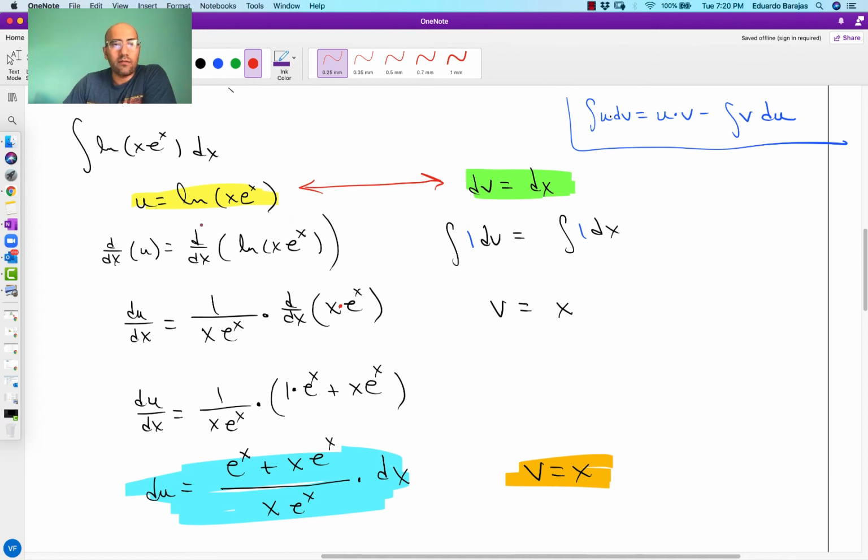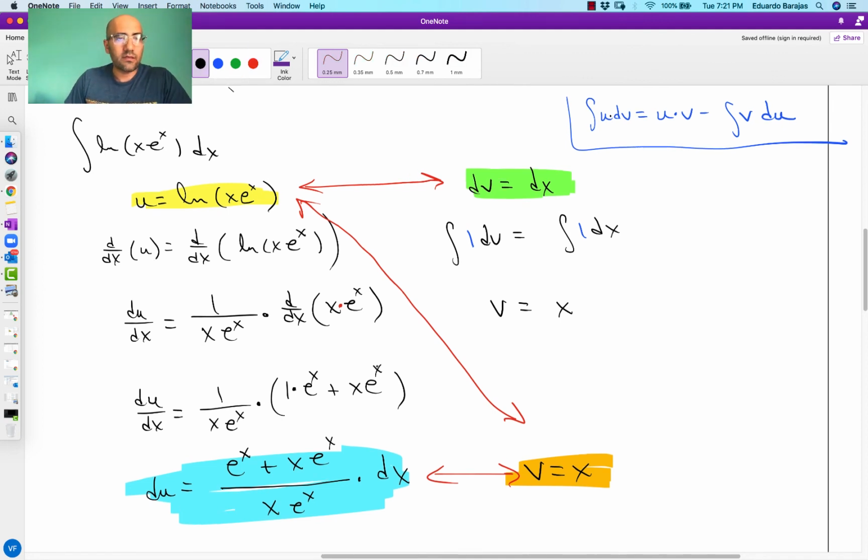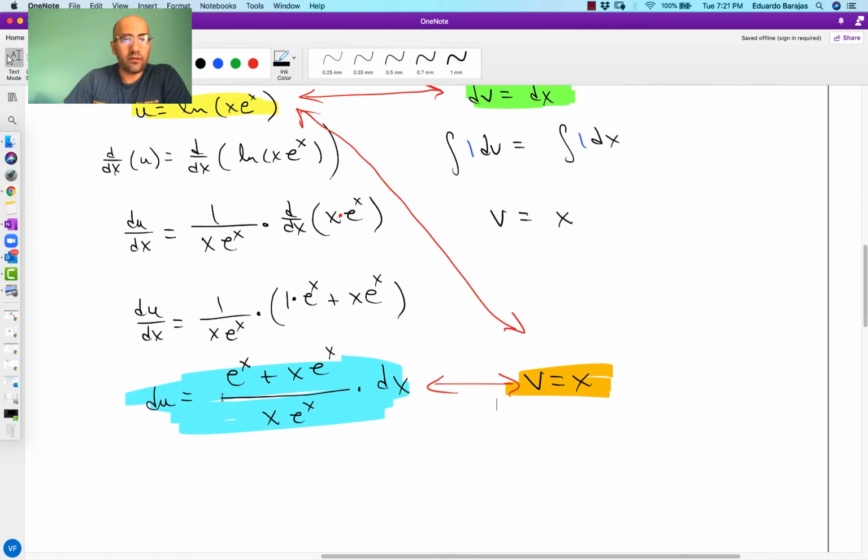The integral of u dv is equal to the multiplication of this function times that function, minus the integral of this times that. It's that z value. Okay, so let's substitute it in. Zoom out a little bit.